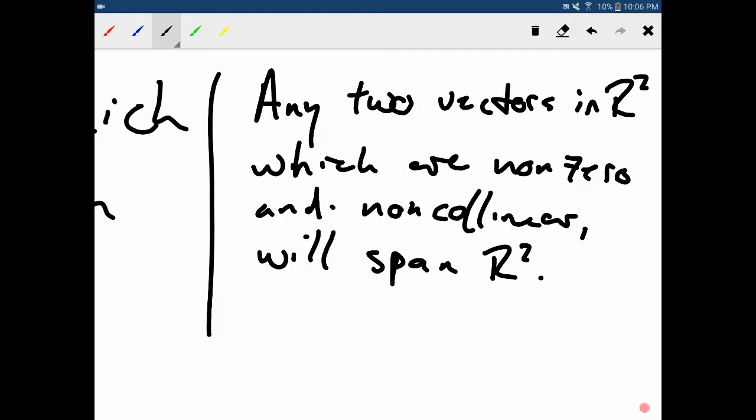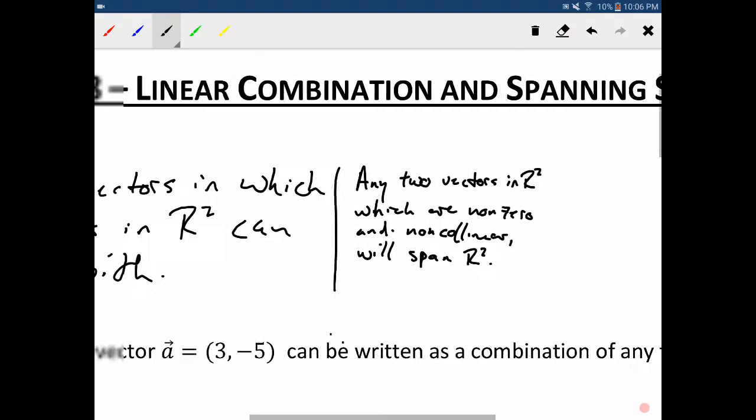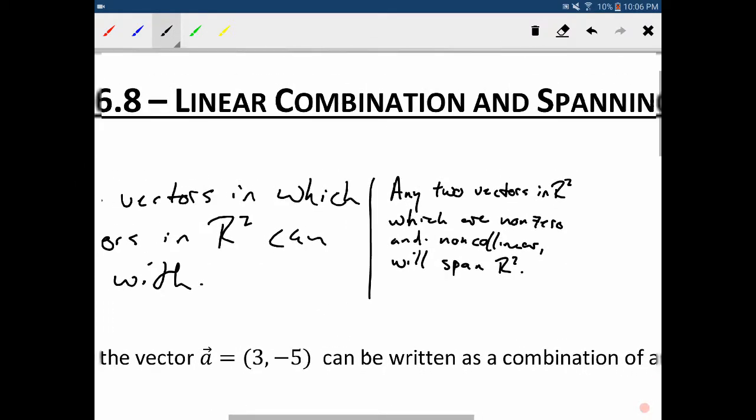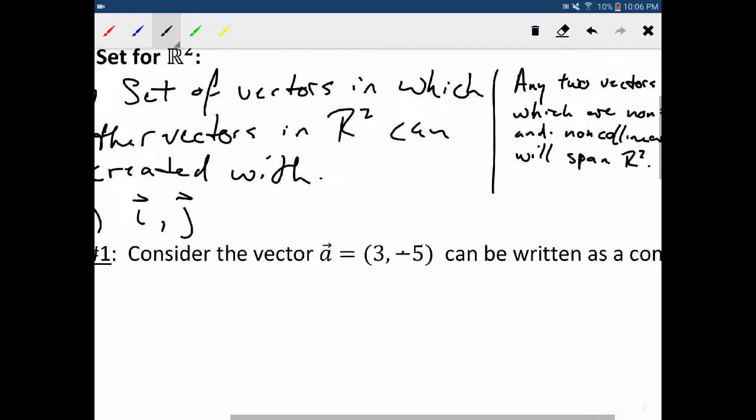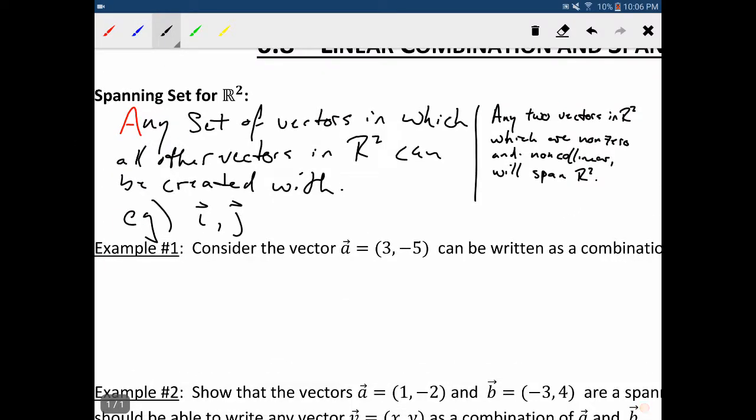In other words, any two vectors, it doesn't matter what they are, as long as they're not collinear, as long as they're not the zero vector, we will be able to create any vector in R2 just by adding multiples of those vectors.